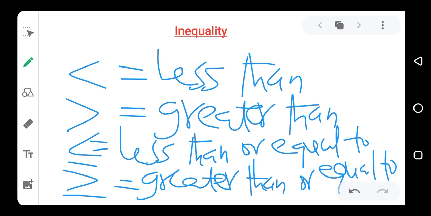So these are the symbols we are going to be working with in inequality.